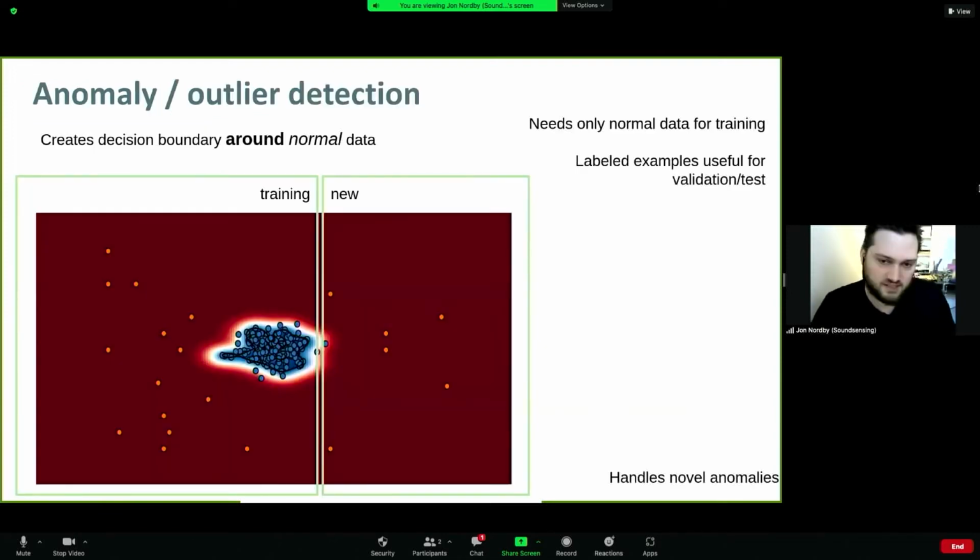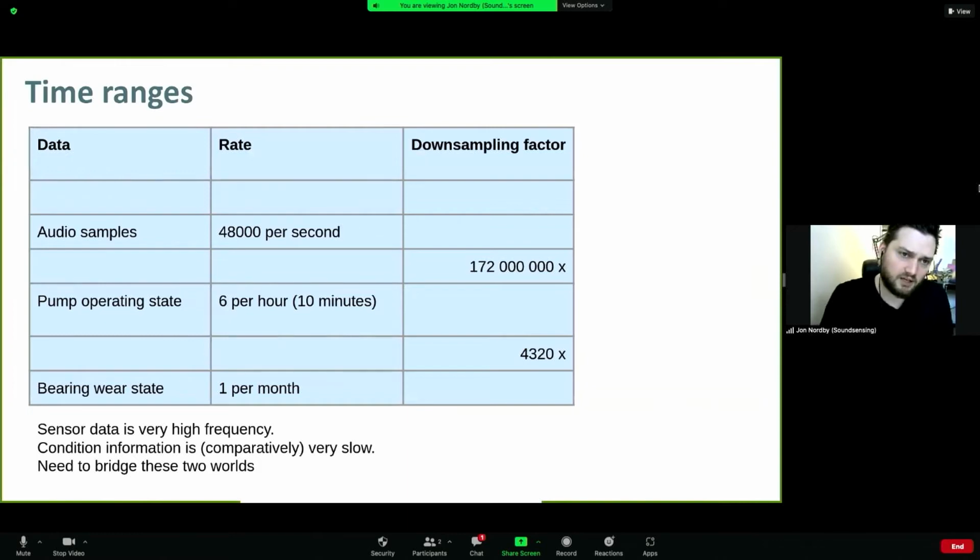I try to introduce it because it's not as common as classification when it comes to edge processing or other processing. Now, another challenge, apart from the limited data in these scenarios, is that the sensor modality we use is often sound or sometimes vibration. That has a very high data rate, 48 kilohertz for audio, or maybe even 96 kilohertz for some vibration measurements in ultrasound.